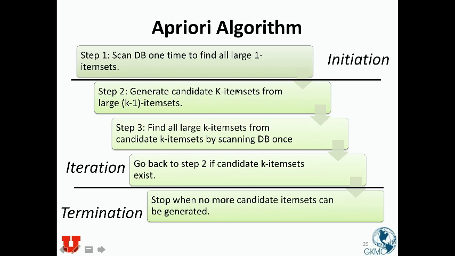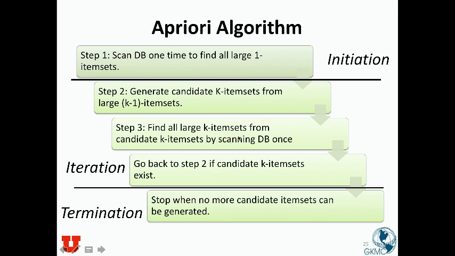Then we start to generate the next larger set of item sets that have 1 more item in each. So start with 1, then next we find the possibly large 2 item sets. Then we evaluate the support values and narrow down to the 2 item sets that are actually large.